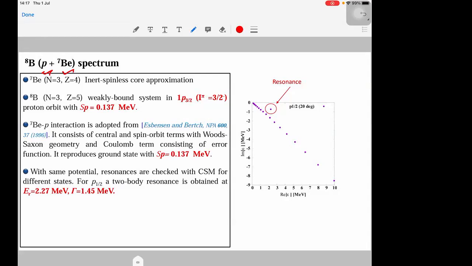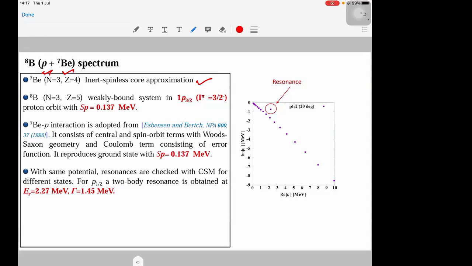In our study, for simplicity, we consider the 7Be core to be inert and spinless. Of course, this is quite a simple approximation. This is just to make our life easy.